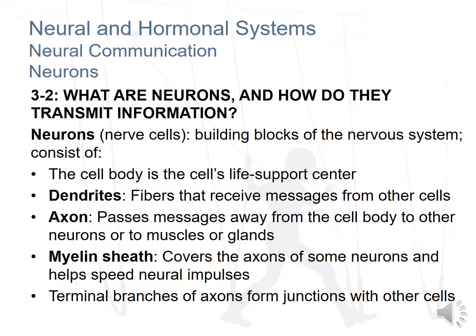It's a fatty tissue on some of the neurons, and it helps speed neural impulses. The myelin sheath also protects neurons' signals from interfering with each other. The neurons are very, very tightly packed within our brains, so close that signals can interfere with each other.